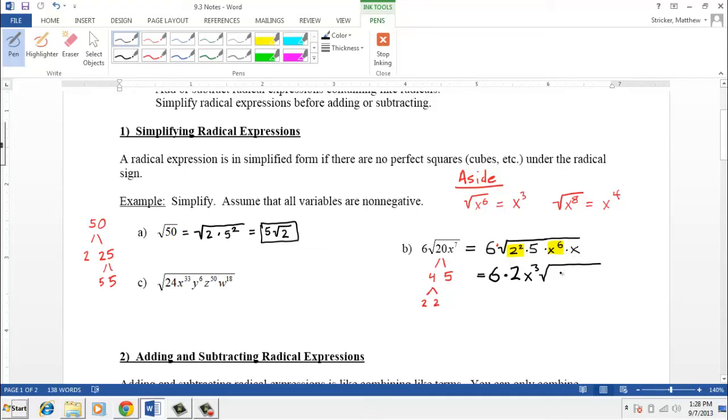Those pieces are going to stay inside. So this is going to be a 5, and this is going to be an x inside my radical. And I could go one step further and simplify the outside. We know, of course, that 6 times 2 is 12. So we have 12x cubed times the square root of 5x.